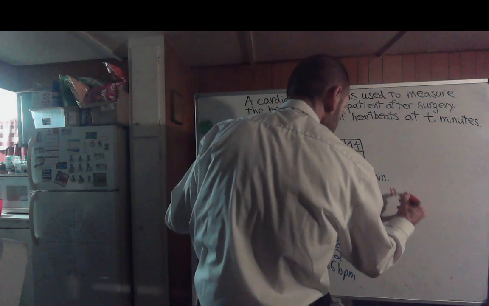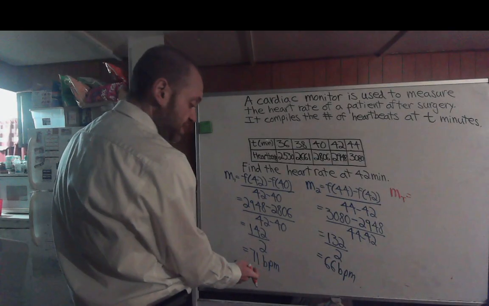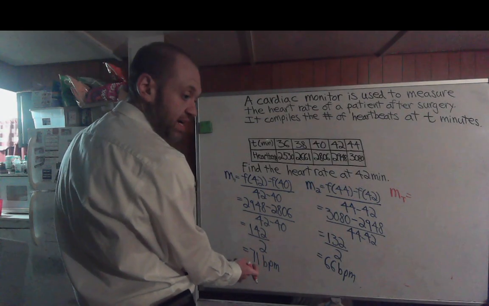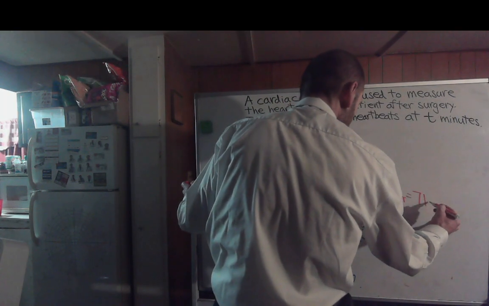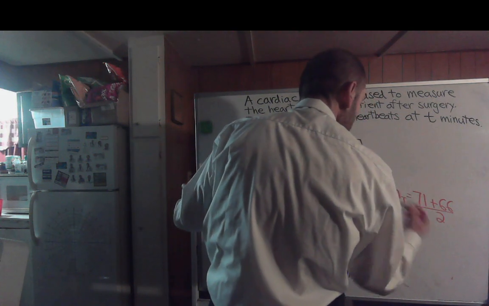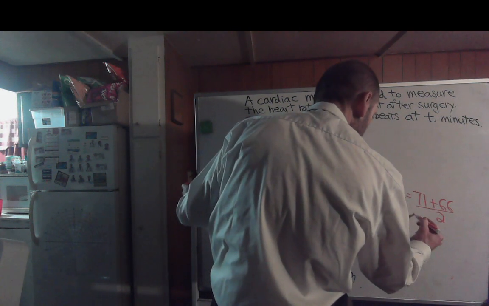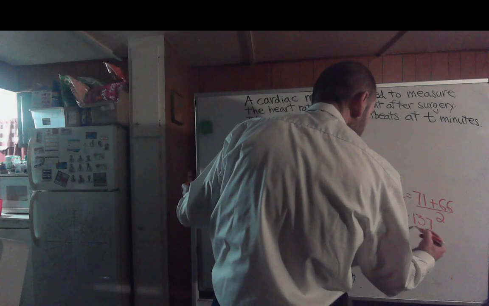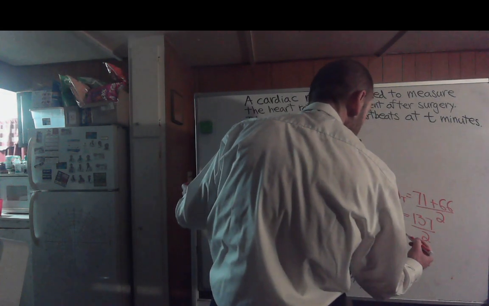That's the same as the slope of the tangent line. So that's going to equal the slope of your first secant line, or the first average heart rate, plus your second average heart rate, divided by 2. So that should end up giving you 137 divided by 2, which is what?